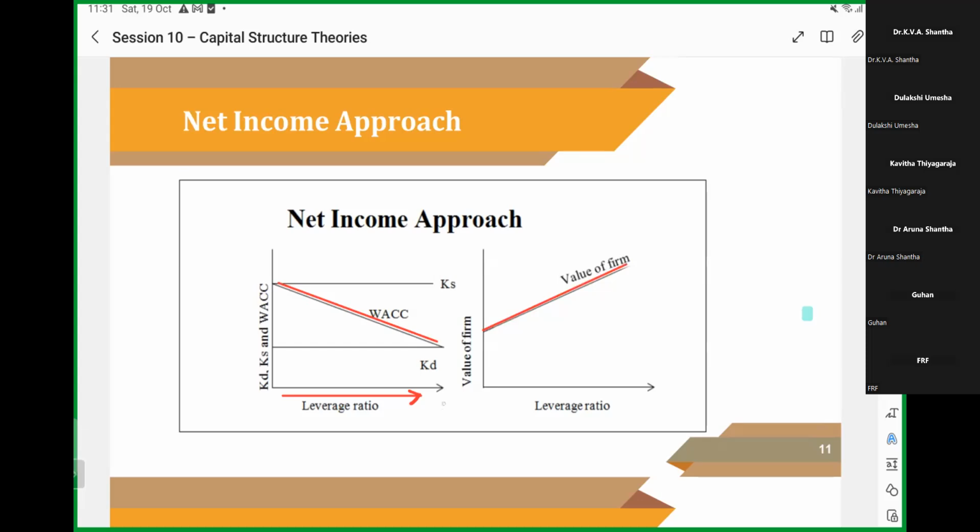So firm value will be highest when the leverage is 100%. This is not possible practically, but theoretically, according to this approach, when the leverage is 100%, weighted average cost of capital is the minimum. That's equal to the cost of debt. Firm value would be maximum.